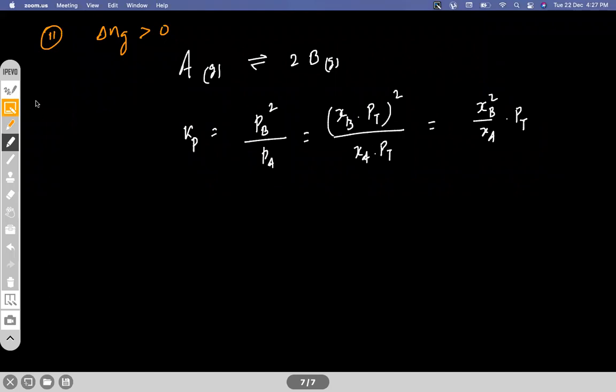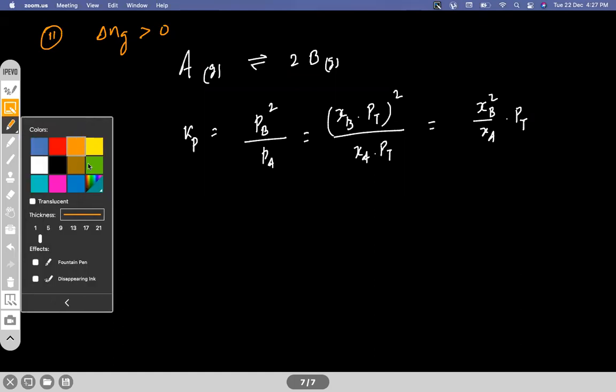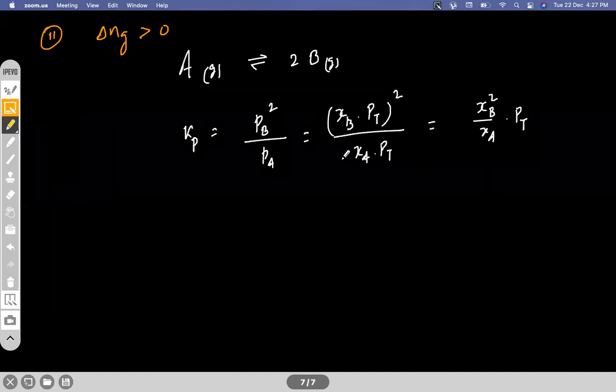Let's concentrate here. We have this equation. Now try and understand. We have to understand the effect of pressure, the effect of this total pressure, PT. As PT increases, see what you need to think over here. Suppose pressure is increasing, but Kp is the equilibrium constant.